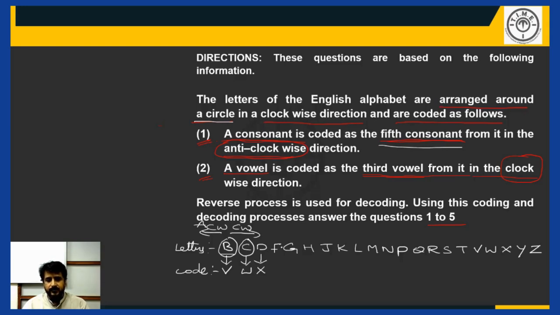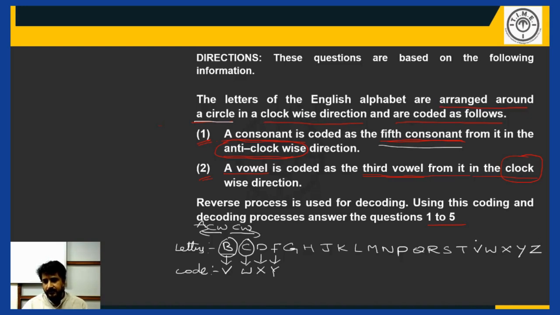F nunchi fifth letter ఏంటి anti-clockwise లో? First letter is D, second is C, third is B, fourth is Z, fifth is Y. So F is coded as Y. Next, if you observe, what is the pattern it is following?